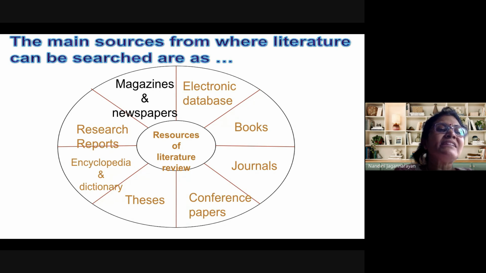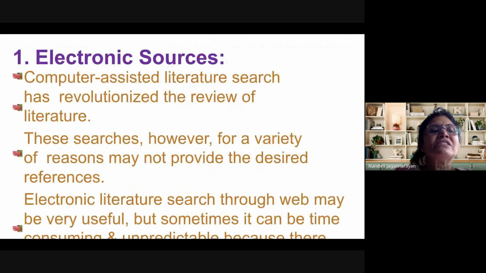So take interest and do it. That is my suggestion. And then any kind of encyclopedia, dictionary, or research reports. Wherever you find previous studies about this or any related field, that is a source from where you get your review of literature. Any doubts so far?